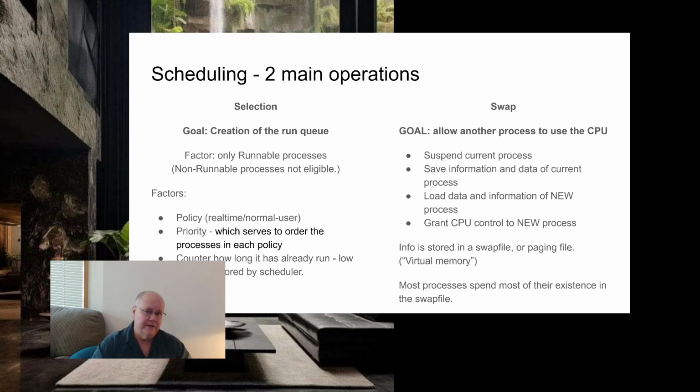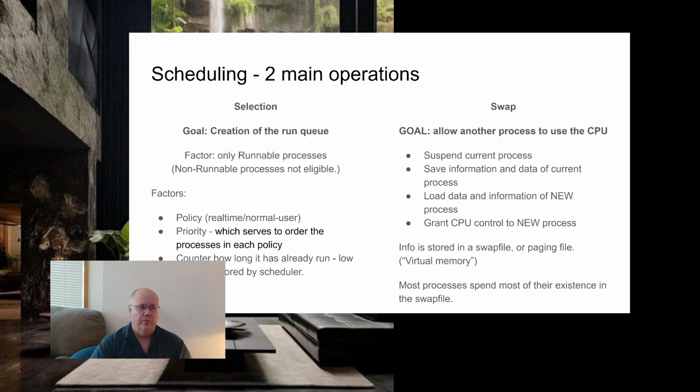All of the context information, the environment, the data of the current process is packed up and stored, and the context and environment of the new process is loaded into memory, and then the CPU is granted to the new process. The new process wakes up, looks around, and has its last known state available to it. The process doesn't know any differently, and on it goes.